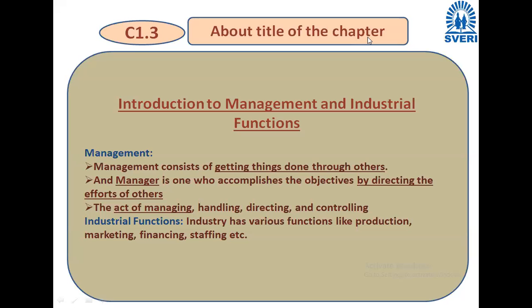So this is a simple concept of management. I am not talking about marriage management; I am talking about industrial management. In industry, management consists of getting things done through others. Who is getting that work done? Obviously the manager. So what is the manager doing? The manager is directing the others' efforts. You should correlate to yourself, like you are the manager. Imagine, I am the manager and I have to do this.